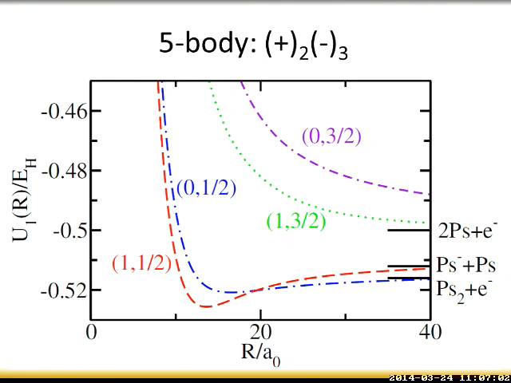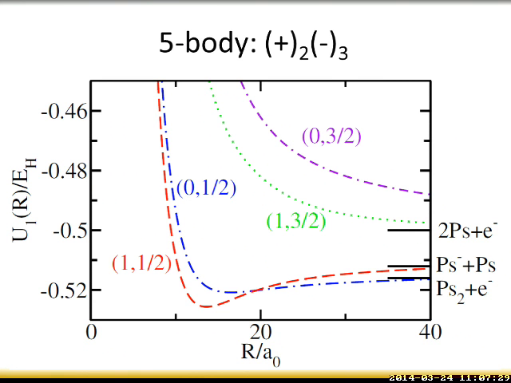So in our single channel approximation, we actually did find that there was a bound state that can be supported in this red potential, but it actually lies in the continuum of the singlet doublet configuration, so it's most likely not a true bound state. But yeah, it was interesting.